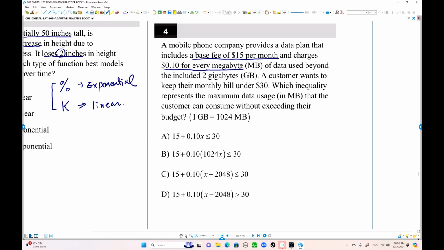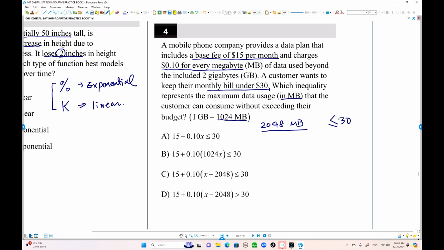The data used is beyond the included 2 gigabytes. 1 gigabyte is 1024, so 2 gigabytes is 2048 megabytes. We're going to find some equations in terms of megabytes, that's why we switched into megabytes. The customer wants to keep their monthly bill less than or equal to $30. So which inequality represents the maximum data that the customer can consume without exceeding their budget?